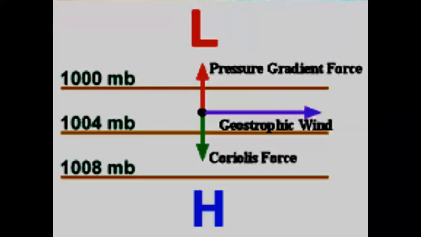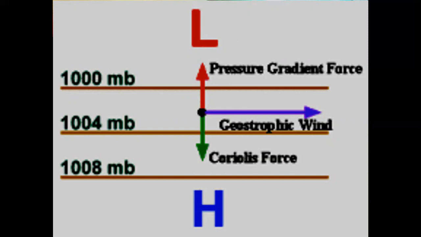Next, the geostrophic wind. The Coriolis force acting on a body increases with the increase in its velocity. The winds in the upper atmosphere 2 to 3 kilometers above the surface are free from the frictional effect of the surface and are controlled by the pressure gradient and the Coriolis force.